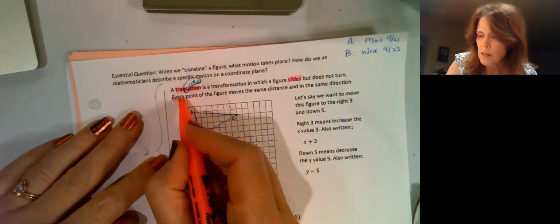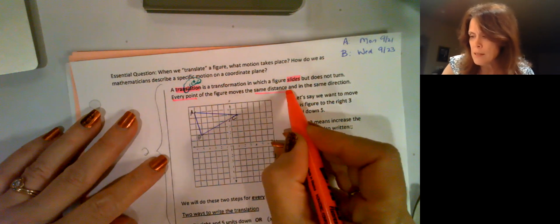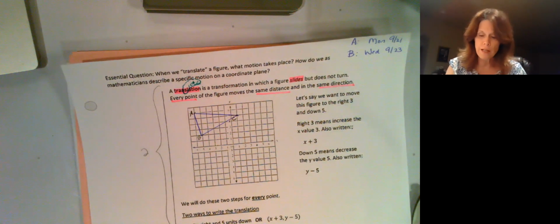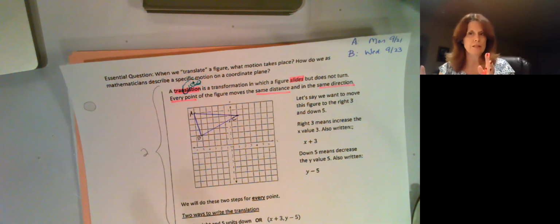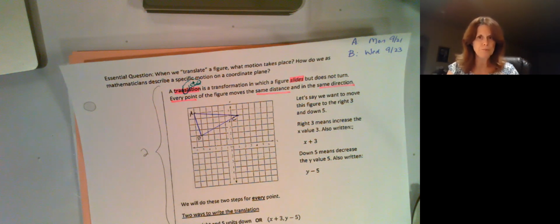And then we have to say, how far are we going to do that? Every single point would go the same distance in the same direction. So for this triangle ABC, all 3 points move together at the same time and in the same direction. Let's say we wanted to move it right 3 and down 5.